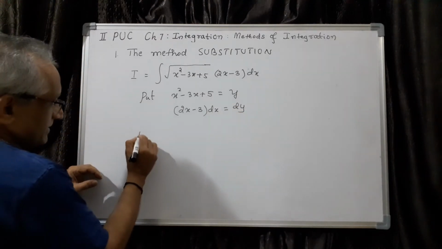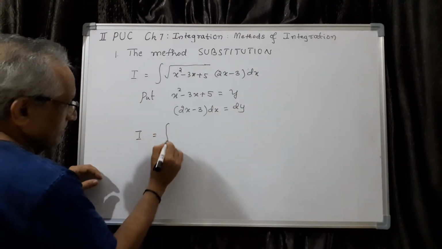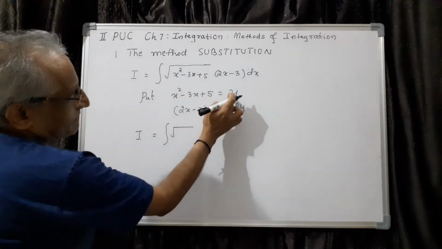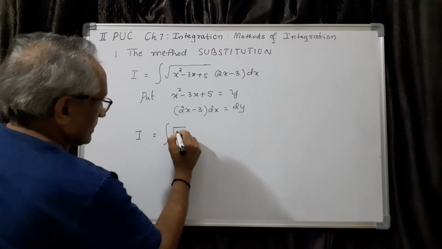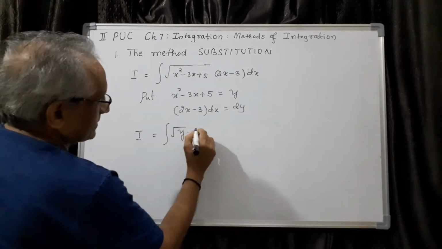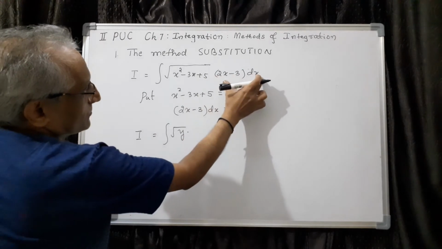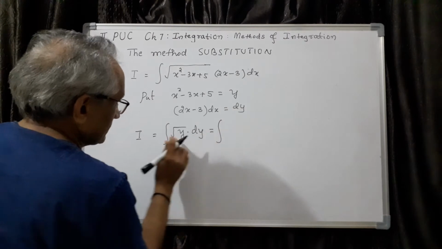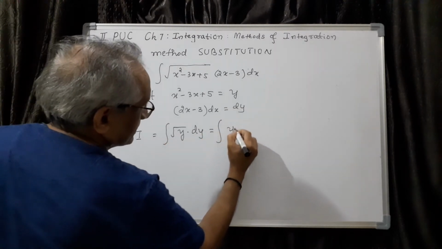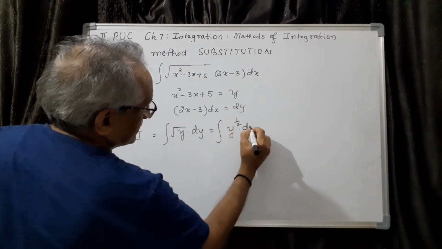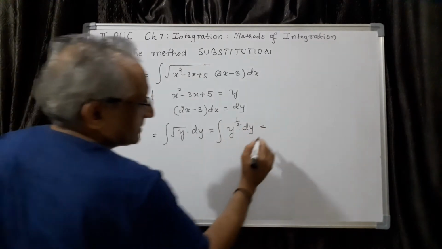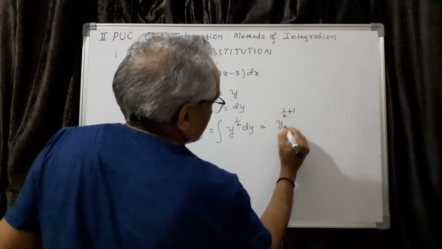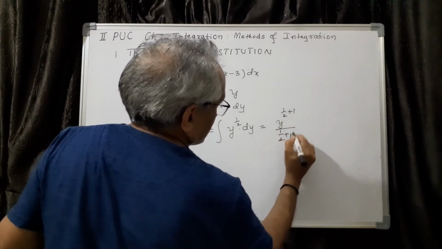So now with these two substitutions, the given integral will be square root of y. Then see, 2x minus 3 into dx is dy. Of course, this you can write in the index form so that it is easy: y to the power half dy. And you know how to integrate this one. This is y power half plus 1 by half plus 1 plus c.